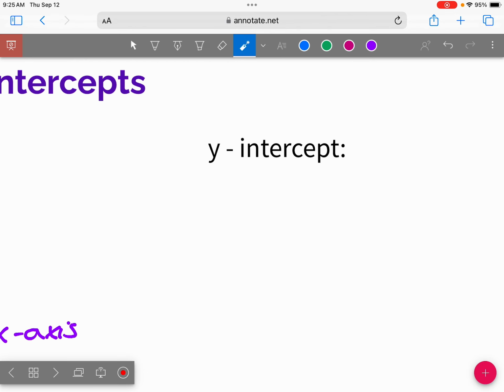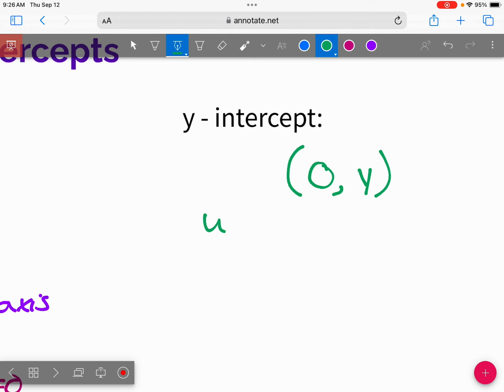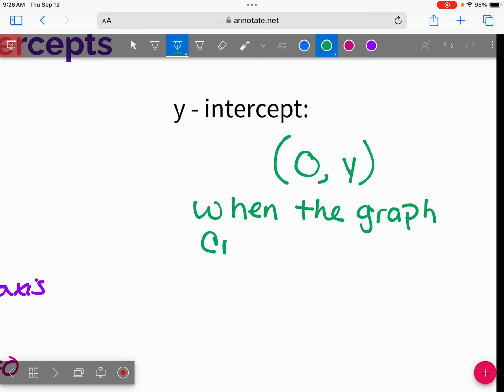It's very, very similar for our y-intercept. It doesn't get more names, though. Our y-intercept's just our y-intercept. But it happens at the point 0 comma y, because it's when the graph crosses the y-axis.